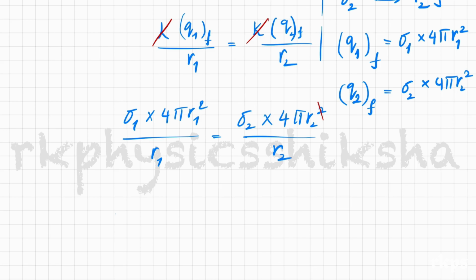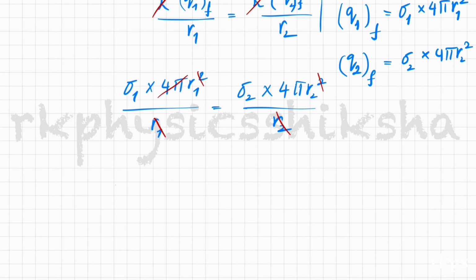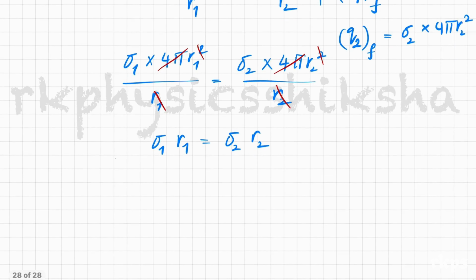Cancelling the square with one R, and the 4 pi on either side, we remain with sigma 1 R1 equal to sigma 2 R2. Now we can write this relation as sigma 1 divided by sigma 2 is equal to R2 divided by R1.